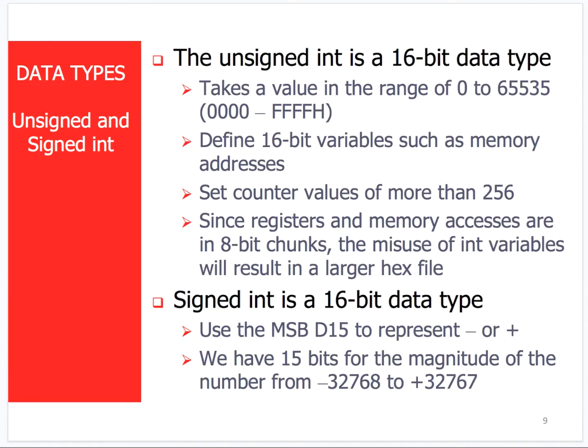Unsigned and signed integers. The unsigned integer, int, is a 16-bit data type. It takes a value in the range of 0 to 65,535. In hexadecimal, it's 0000 up to FFFFH.